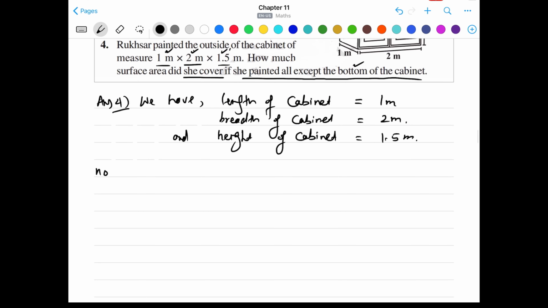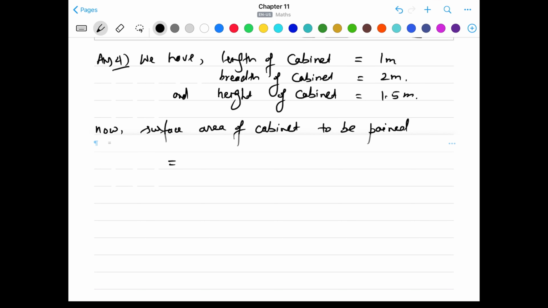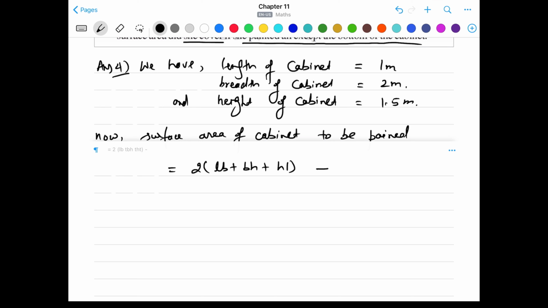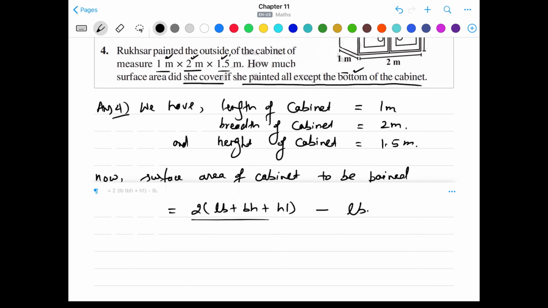So we have the surface area of the cabinet to be painted equal to, and we are going to use the formula for the total surface area of a cuboid, which is given by twice of LB plus BH plus HL, and then we are going to subtract the bottom face, whose measurement is L into B. This will give us the total surface area of the entire cabinet, but its bottom face is not being painted, so we'll subtract the area of the bottom face.